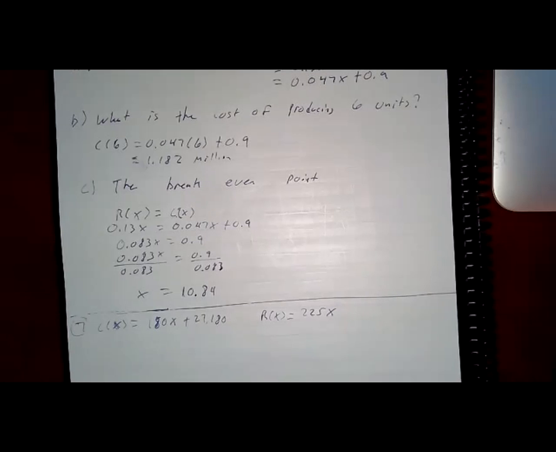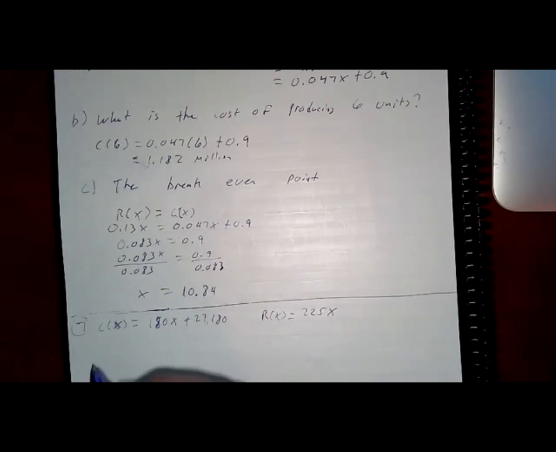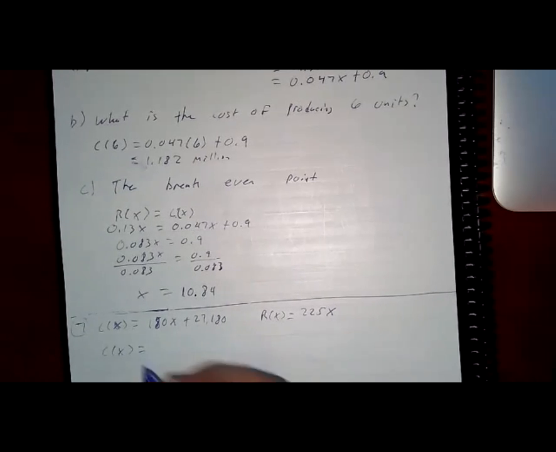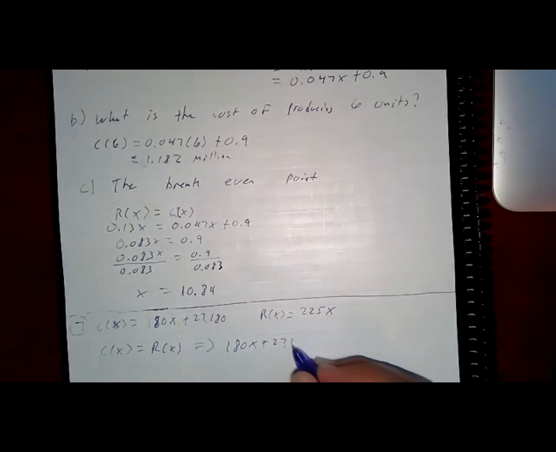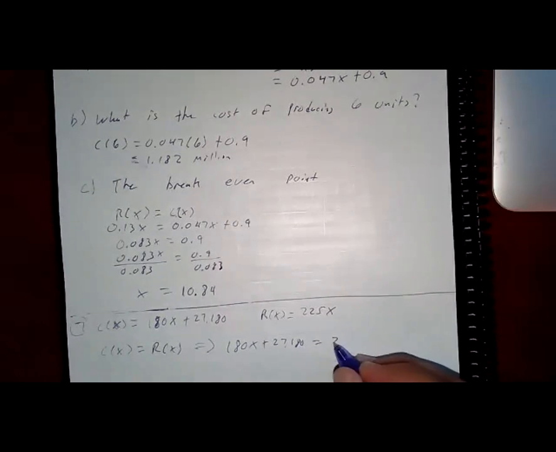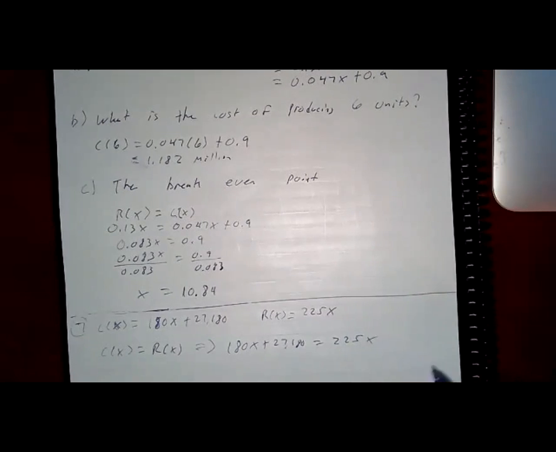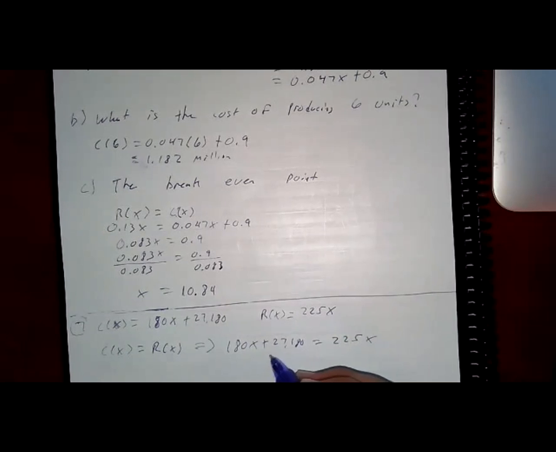Okay. So they wanted to break even, so that happens when they're equal to each other. The same as before. So that'll be 180x plus 27,180 equal to 225x. So I'm going to subtract the 180x over there, leaving the 27,180 over here.